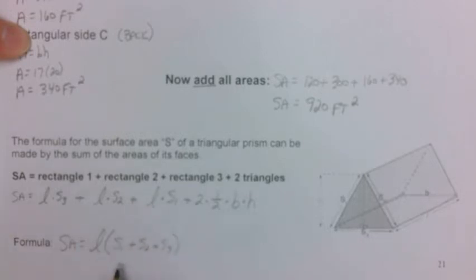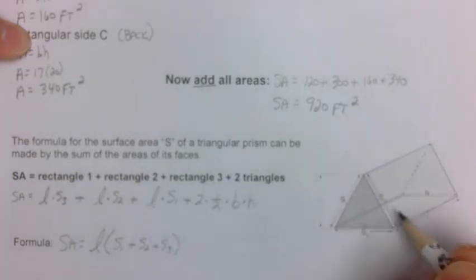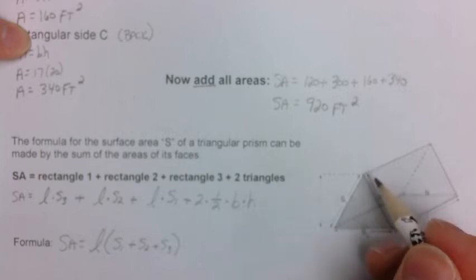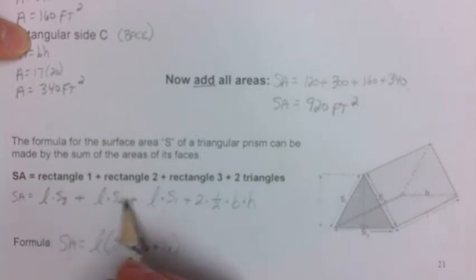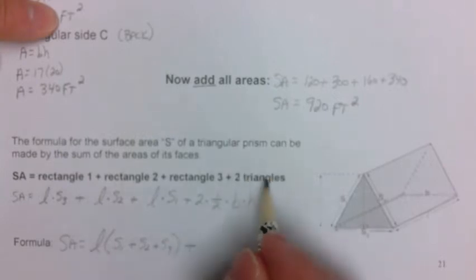Those measurements are the side lengths of one of the triangular faces. So if I take the three sides of the triangular face and add them together, all I need to do is multiply that by the length of the prism, and that gives me the surface area of the 3 rectangles. Then I would have to add on the area of the 2 triangles.